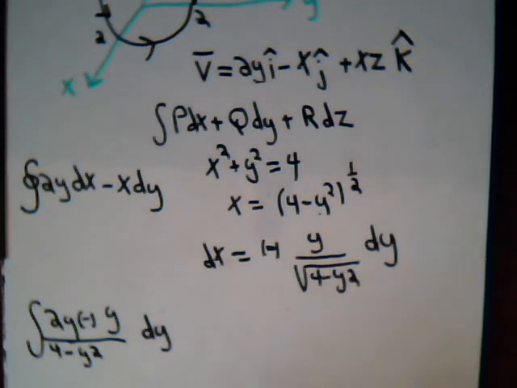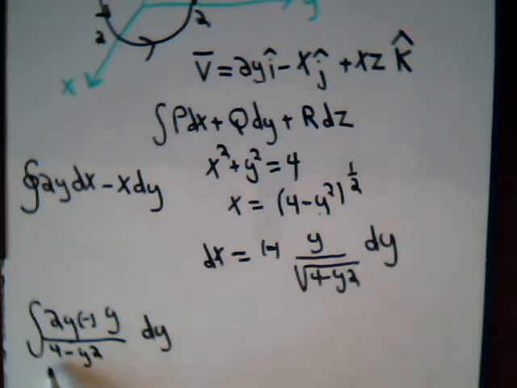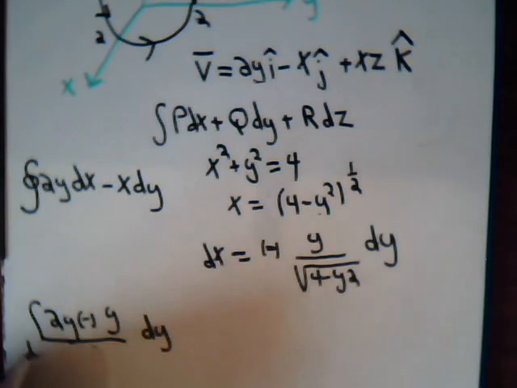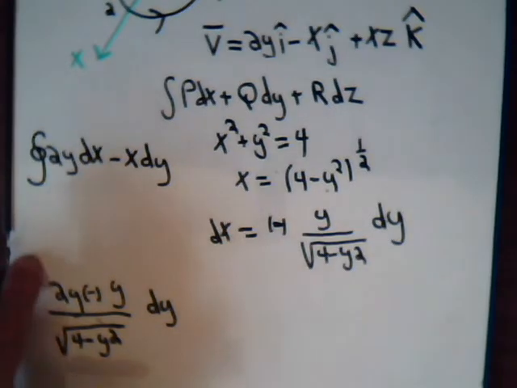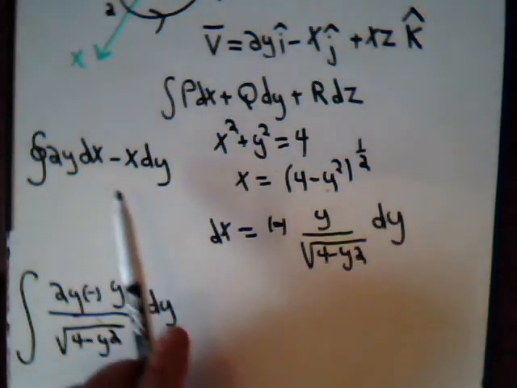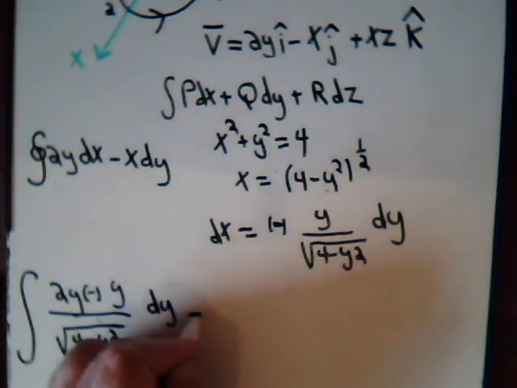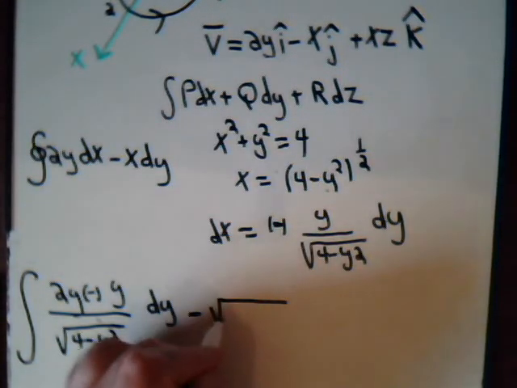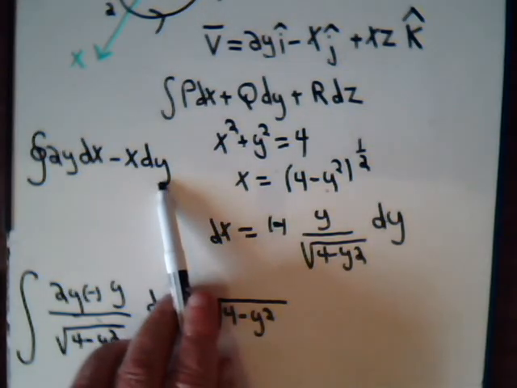So 2 times y, dx is this right here, the square root of 4 minus y squared, like this. Now we have this part, minus x, but x is that square root, so we have minus the square root of 4 minus y squared times dy.